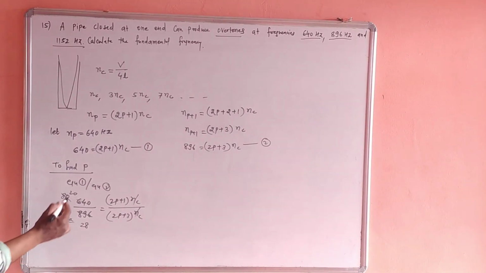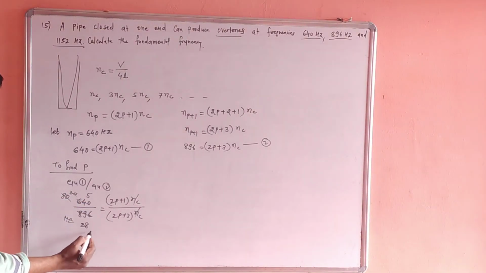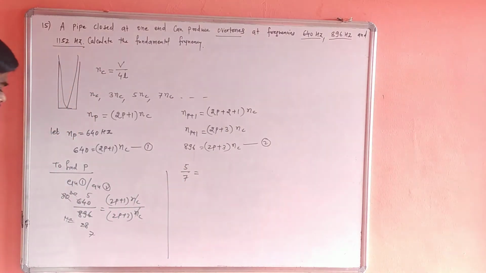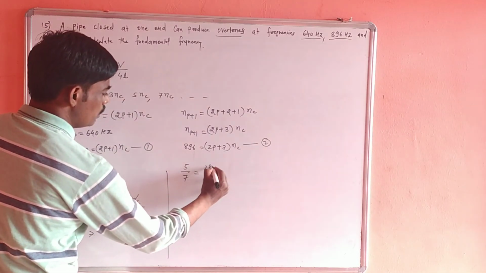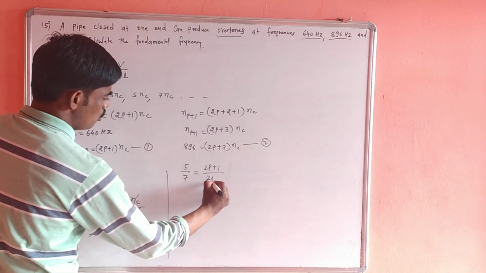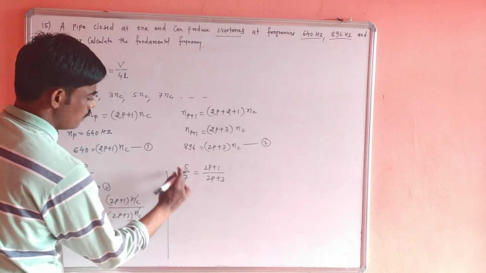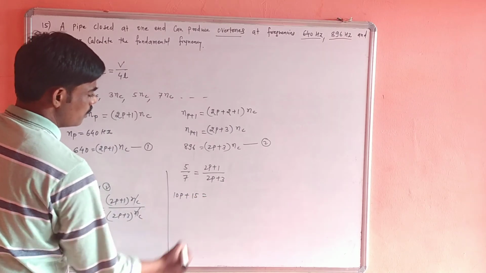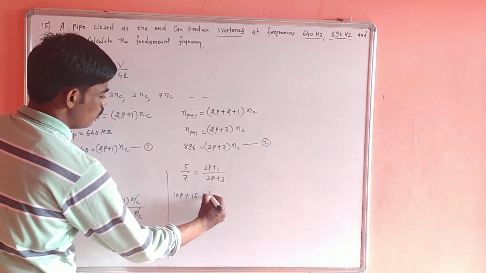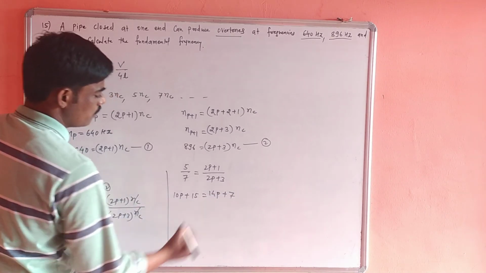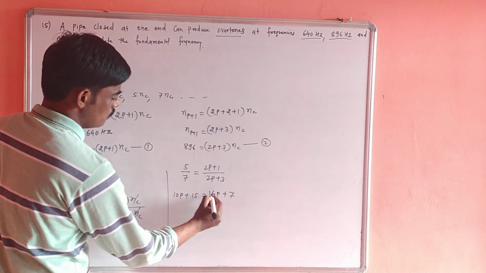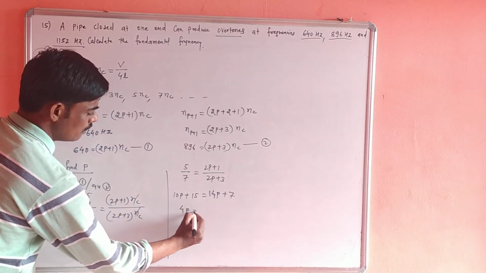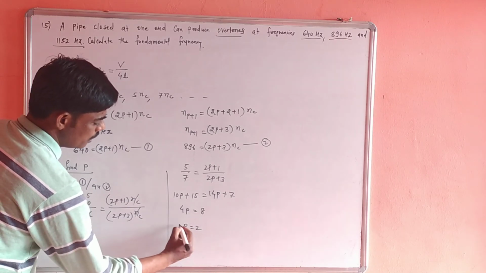Again we can divide by 4. So this ratio becomes 5 by 7, that is 5 by 7 equals 2p plus 1 upon 2p plus 3. Cross multiply. 5 into 2p plus 3, 10p plus 15. Again cross multiply, 14p plus 7. Shift the terms. It becomes 4p equal to 8. Therefore p is equal to 2.